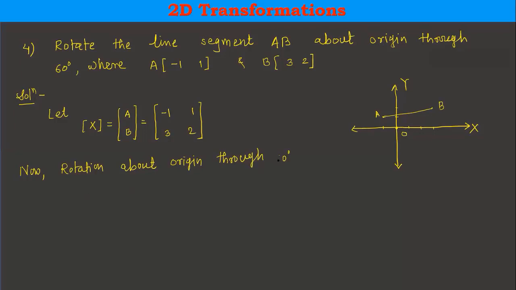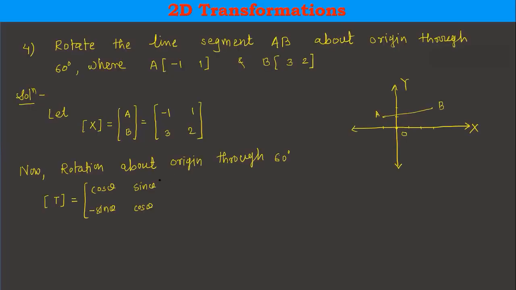The transformation matrix is generally denoted by T, and rotation is a 2 by 2 transformation matrix. That is equal to cos theta, sin theta, minus sin theta, cos theta. So this is our rotation transformation matrix.